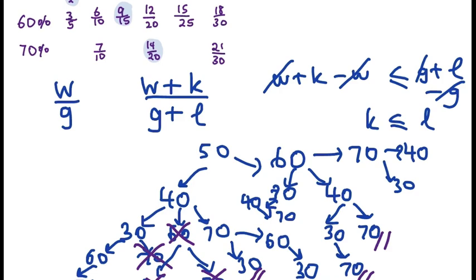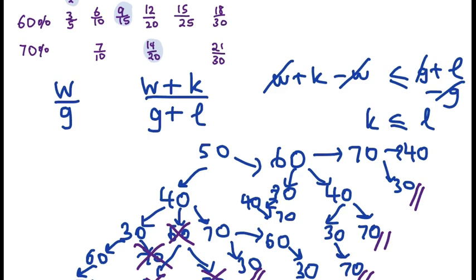Now that can't work. But what about 7/10 to 9/30? Yeah, that does work. But then from 9/30, we'd have to go to 40%, our remaining percentage. But then again, we'd be increasing the number of games played. So I'm going to stop here.